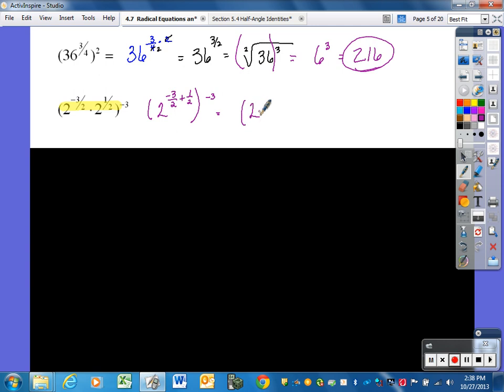That is 2, negative 3/2 plus 1/2, negative 2/2. That's 2 to the negative 1, still raised to the negative 3. Power to power, I multiply. So it becomes 2 to the positive 3, which is 8. 2 cubed is 8.